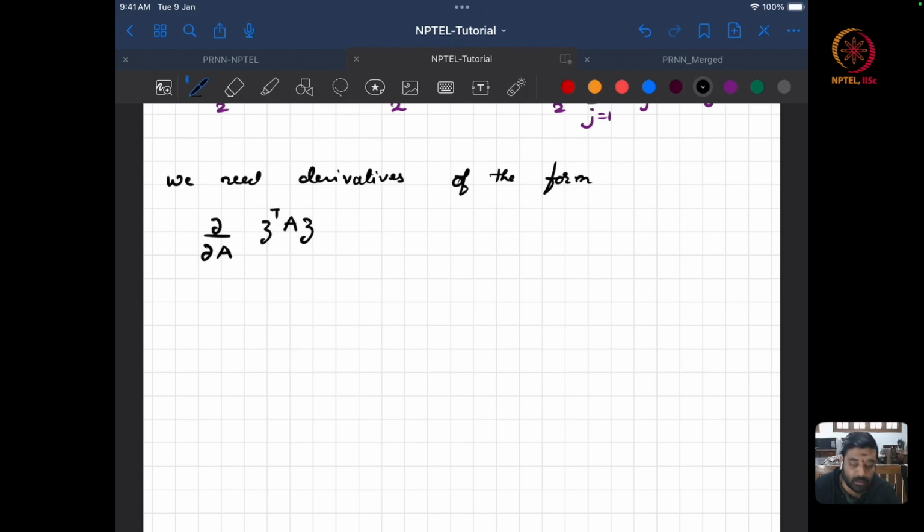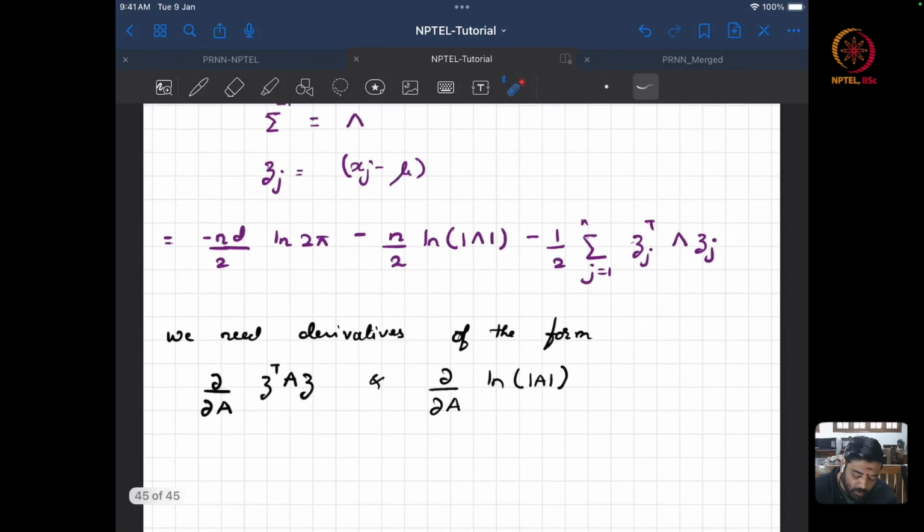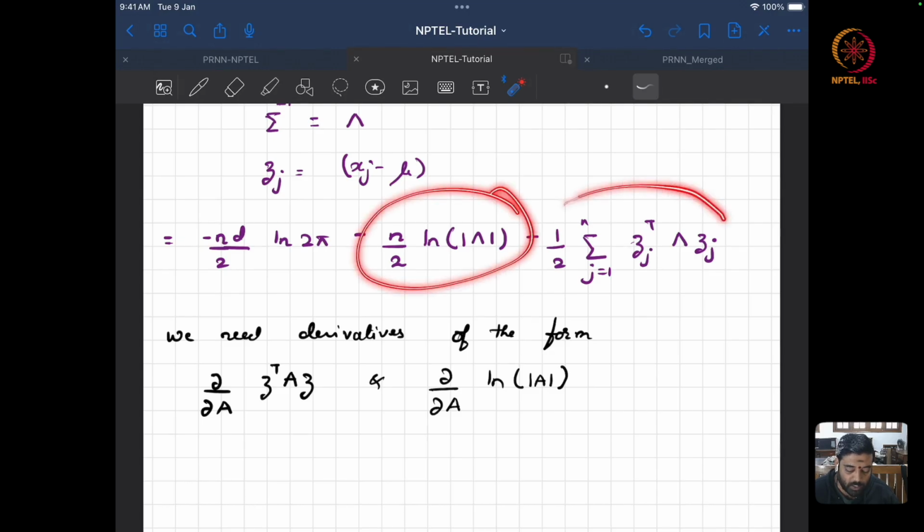This we need, and then the derivative with respect to a matrix of ln of its determinant. These are the two things that we want to get. Now, this is my log likelihood. I'll take the partial derivative with respect to my matrix, and then equate it to 0. For that, I should be knowing what are the partial derivatives of this.